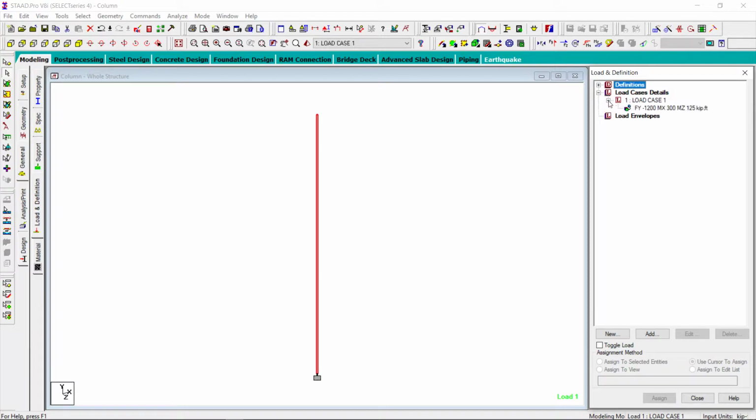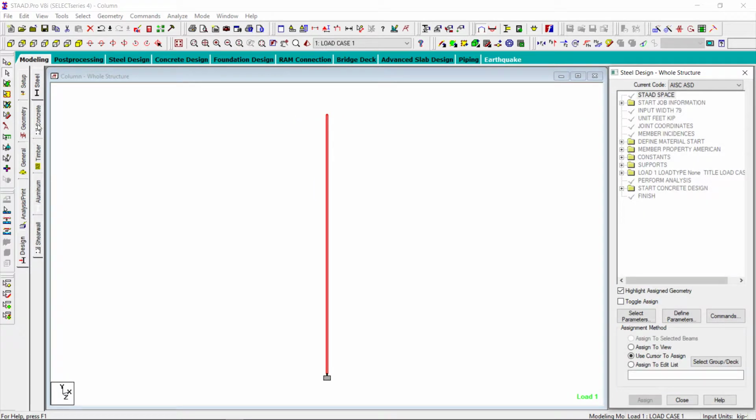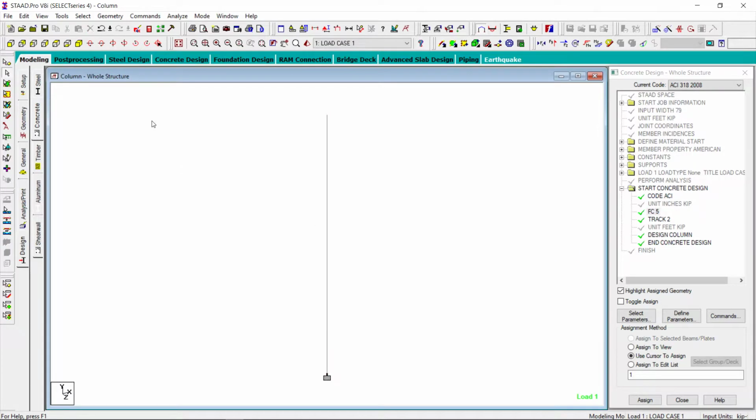I defined only one load, that is the ultimate load. Here you can see the vertical direction Fy is equal to 1200. X moment is 300 and Z moment is 125 kip feet. Then came to designs. In the concrete design, F'c is defined as 5 ksi, and I have to design this column. So let us run and see what the result is.